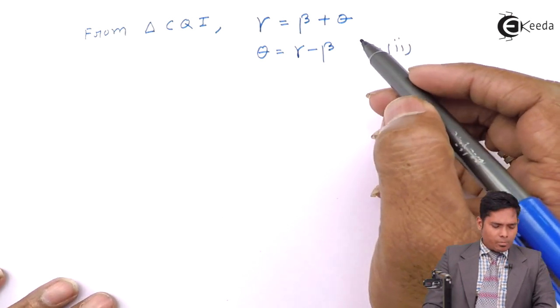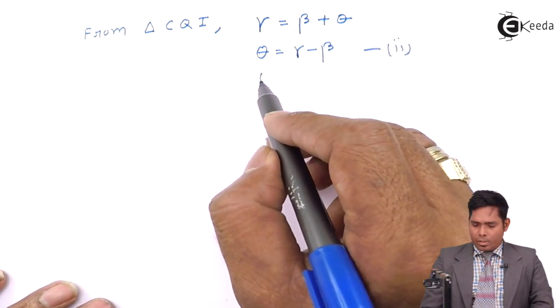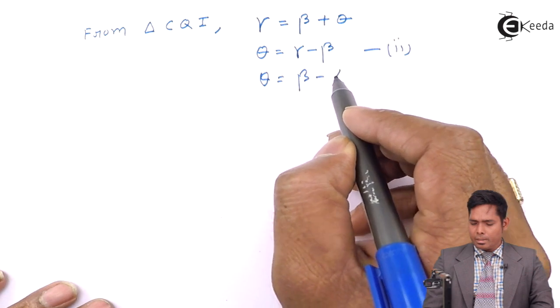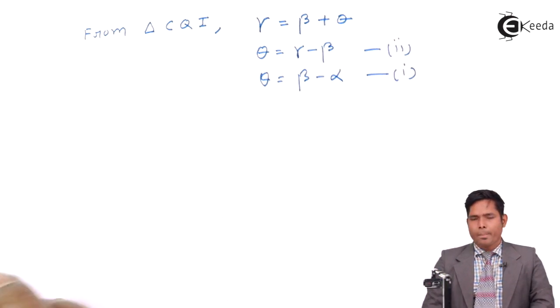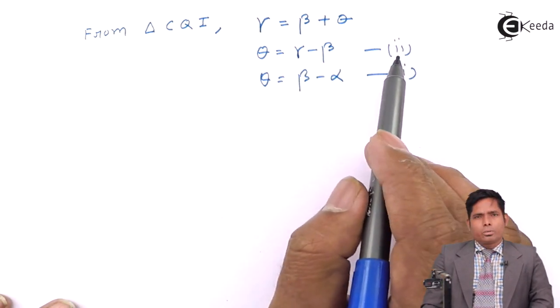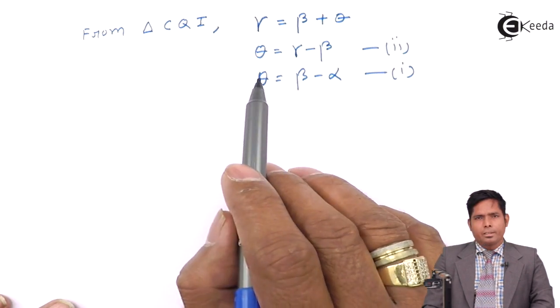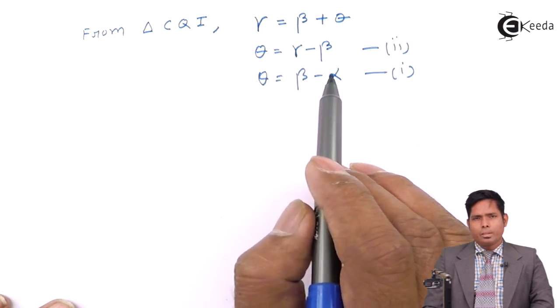What was our first equation? The first equation was theta is beta minus alpha. If you look at these two equations, the left hand side is the same, that is theta, so the right side will be equal.